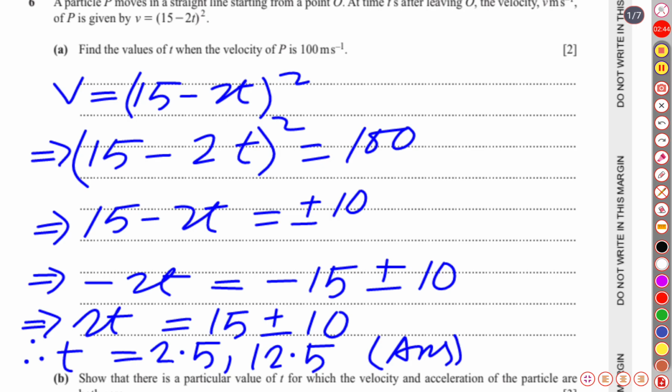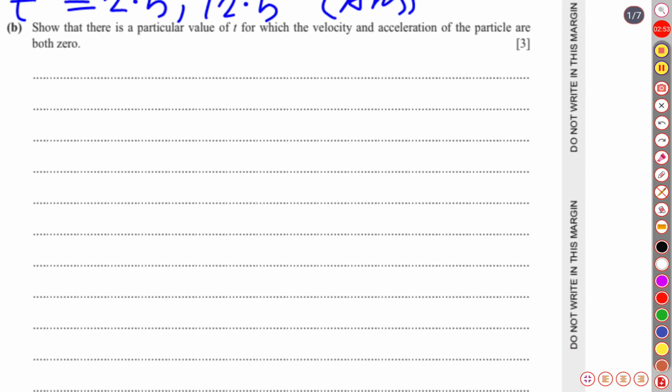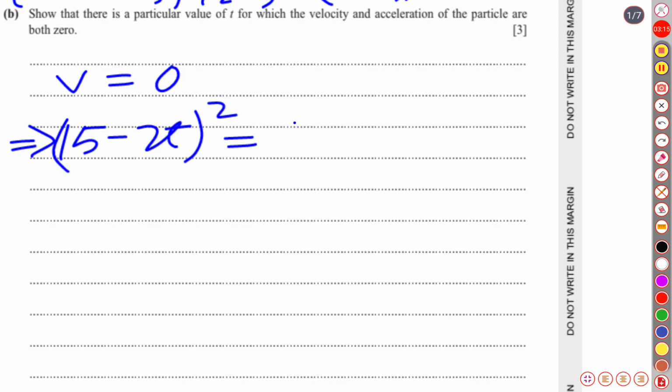Let's see what the next question says. Show that there is a particular value of t for which the velocity and acceleration of the particle are both zero. So first of all, velocity is 0, v equals 0, and we know that v is (15 minus 2t) whole squared, equal to 0.